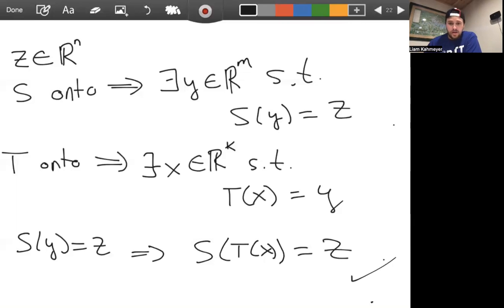If you have two onto maps, this implies that S composed T is onto.